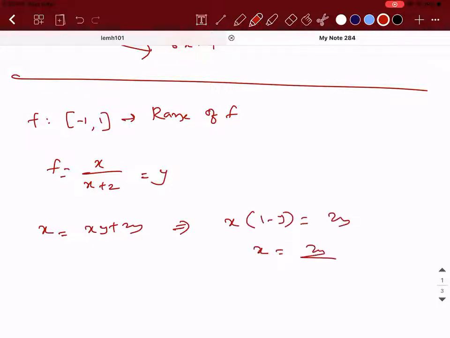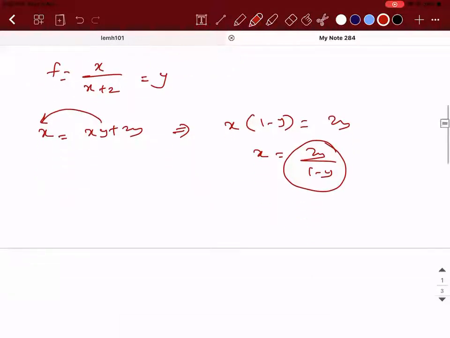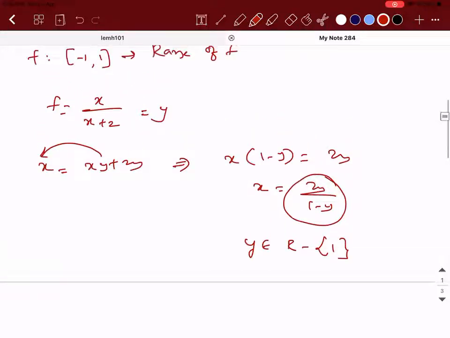So x is equal to 2y divided by 1 minus y. So y belongs to R except 1.